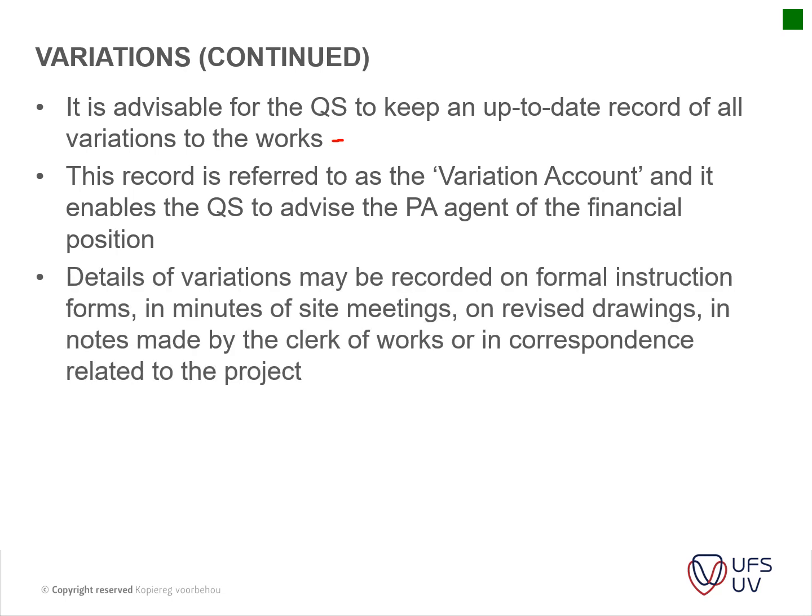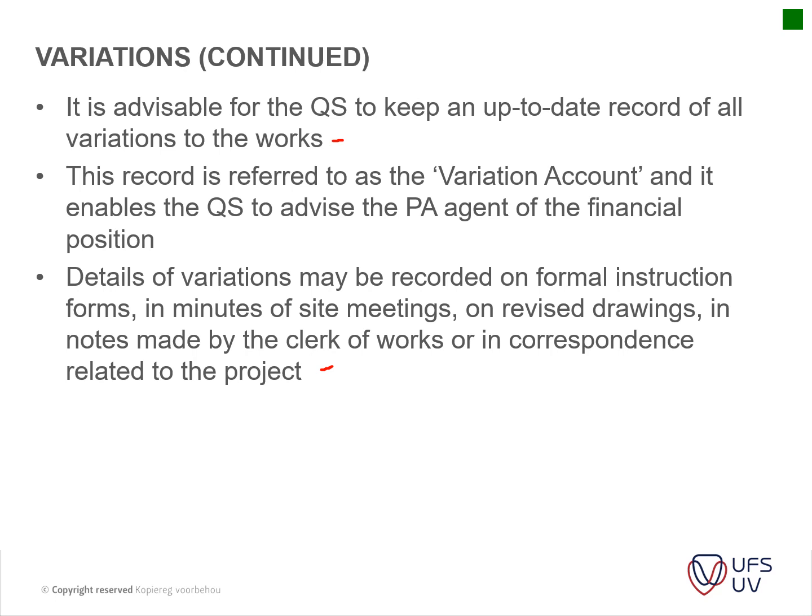The details of variations may be recorded on formal instruction forms, in minutes of the site meetings, on revised drawings, in notes made by the clerk of works, or in correspondence related to the project. So it's usually in writing.